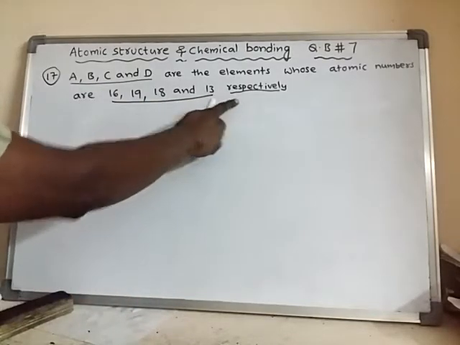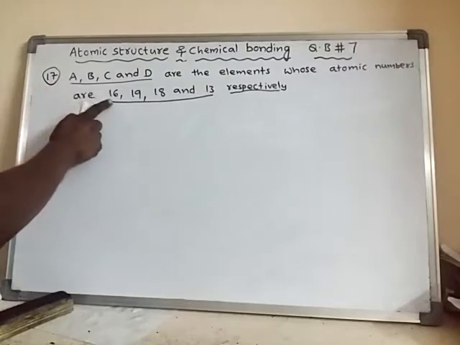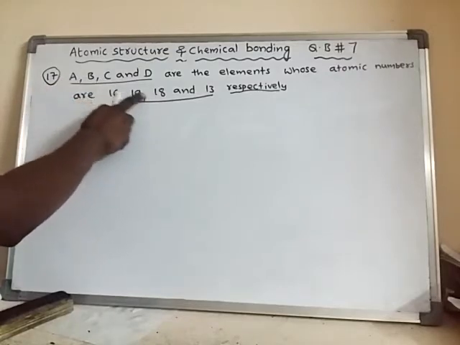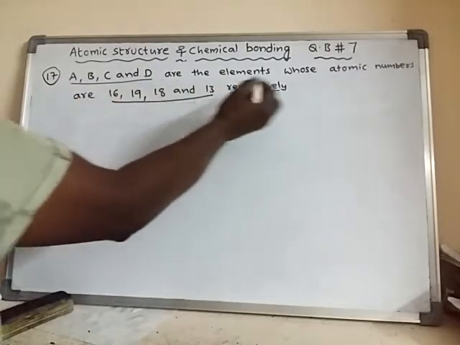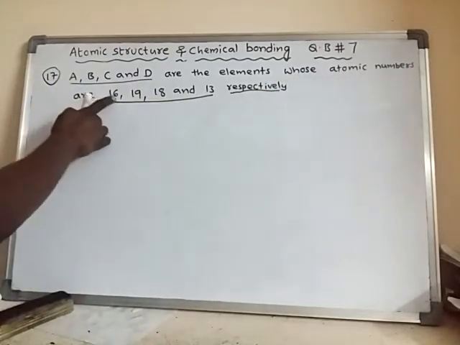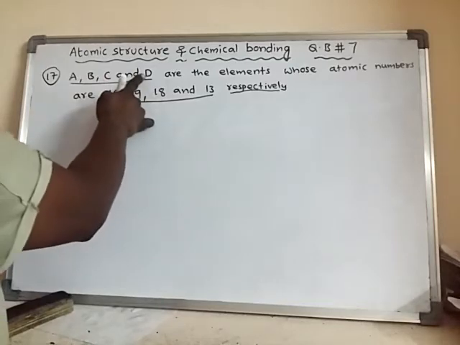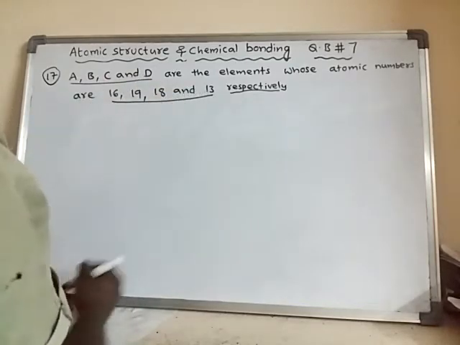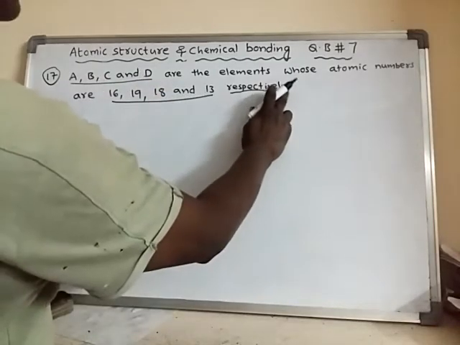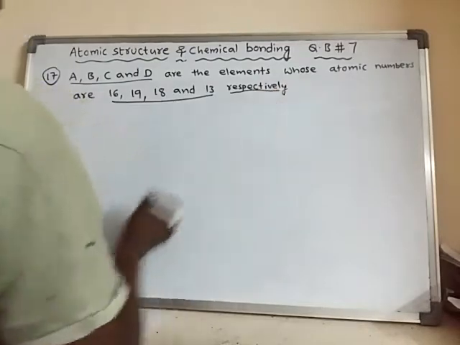So respectively indicates A is equal to 16, B is equal to 19, C is equal to 18 and D is equal to 13. So the atomic number of A is 16, of B is 19, of C is 18 and of D is 13. Like this we have to understand.